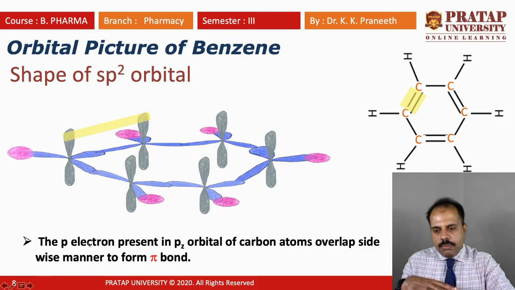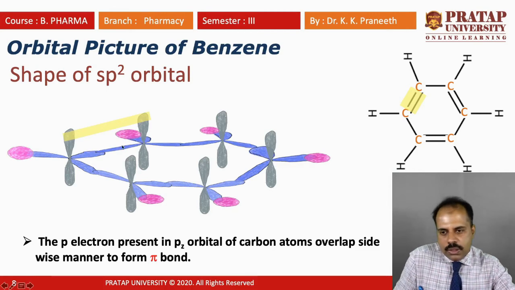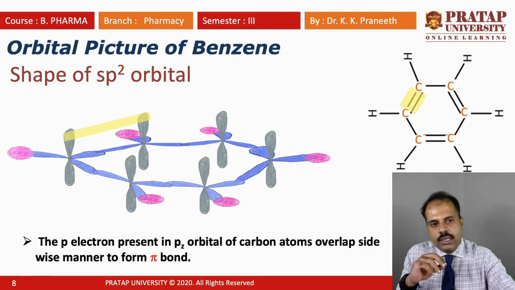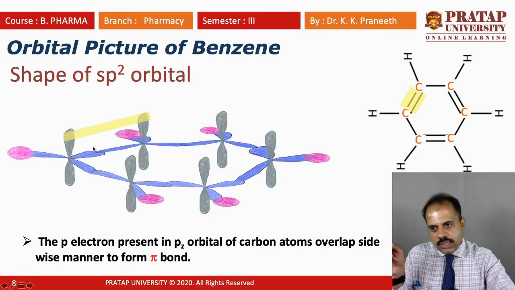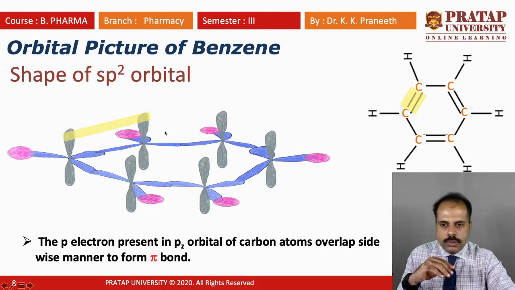The p electron present in the pz orbital, there is 1 electron of the carbon atom, overlaps sidewise. So you see that there is a sidewise overlap. It is not a direct overlap like the sigma bond. Sigma bond is a direct overlap, so the bond is very strong, but this is a sideways overlap. So the double bond is not so strong compared with the sigma bond.